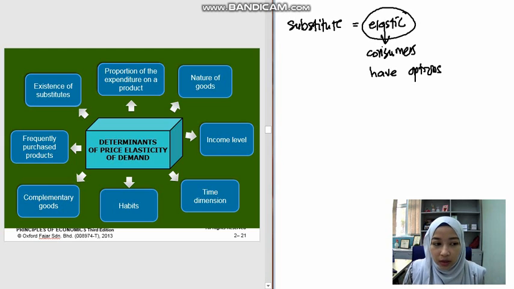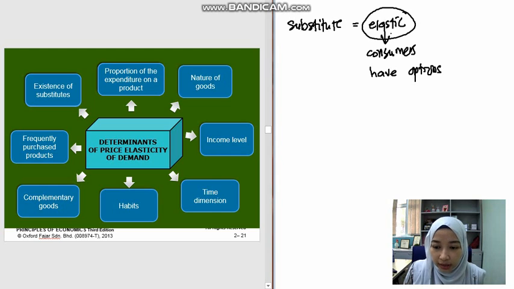I will consider that a huge increase, and that will consume a lot of my money. So I will reconsider whether to buy or not. In that kind of situation, the reduction in the demand will be very huge, because it involves a huge amount of money, a huge increase in the price.